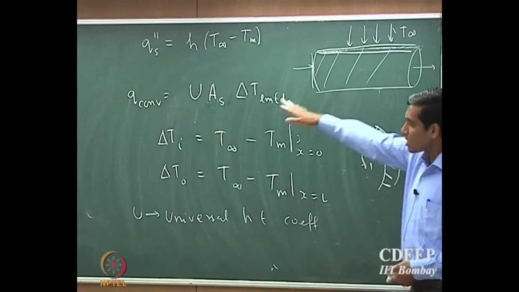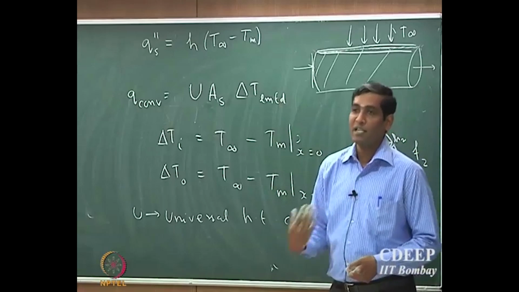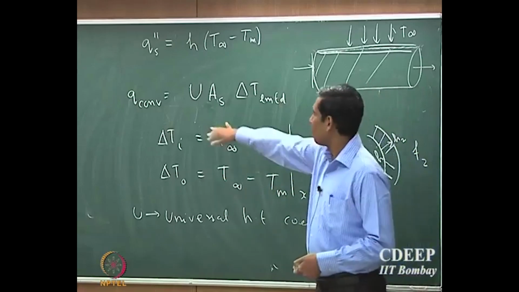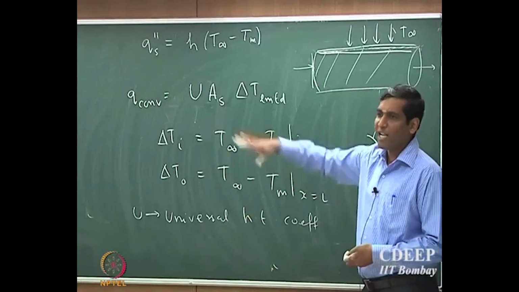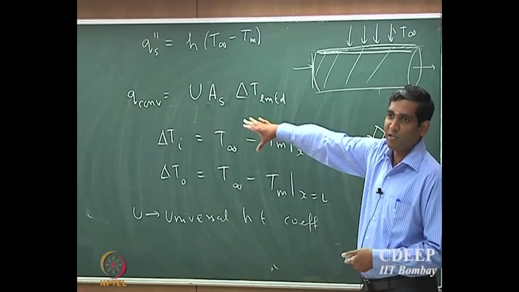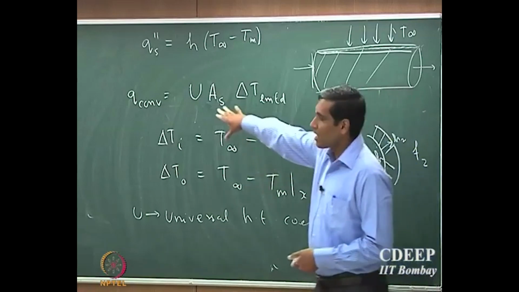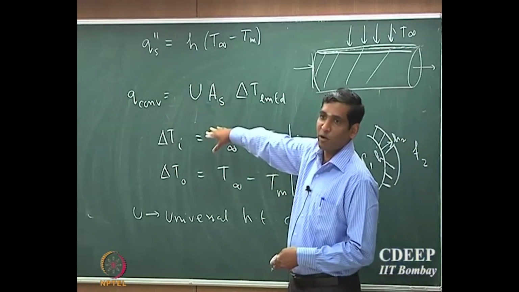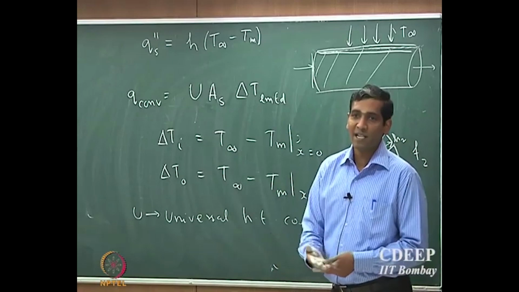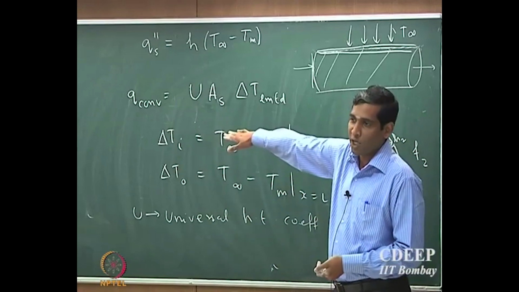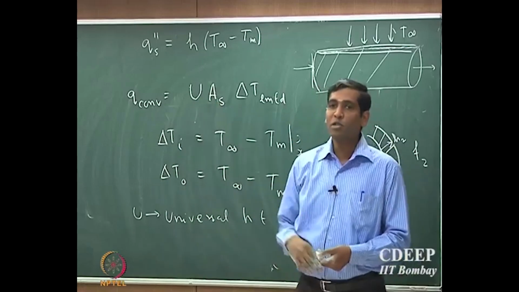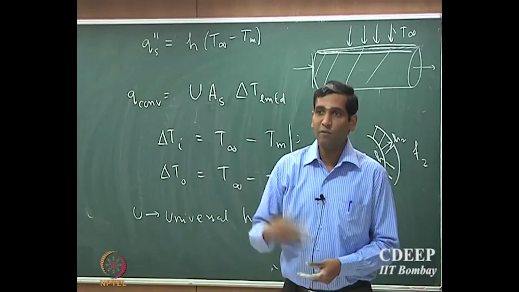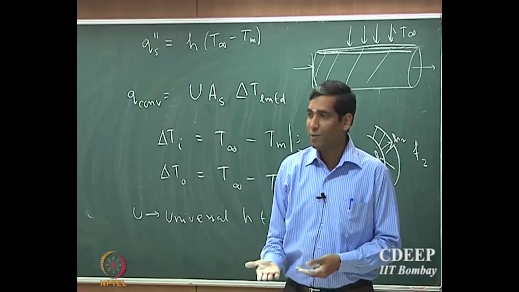We will see a lot more of these when we are looking at the design of heat exchangers. We will see the definition of the universal heat transport coefficient. We have seen it very briefly when we discussed conduction, but we will see in a lot more detail what the different factors accounted for in it are. This U is what most of you would have used if you did your laminar flow and turbulent flow experiments.